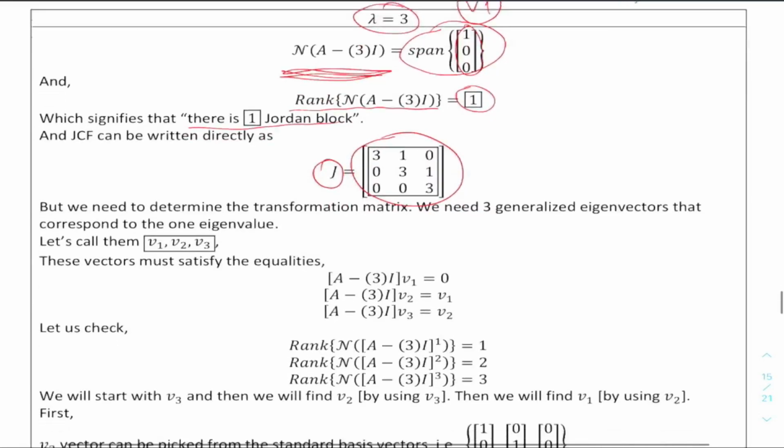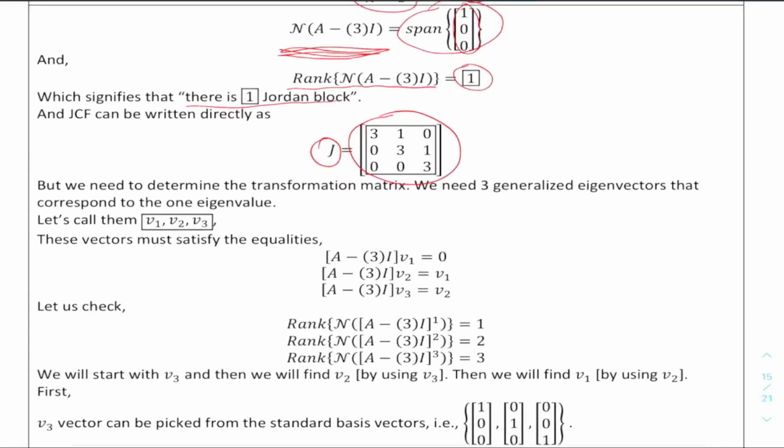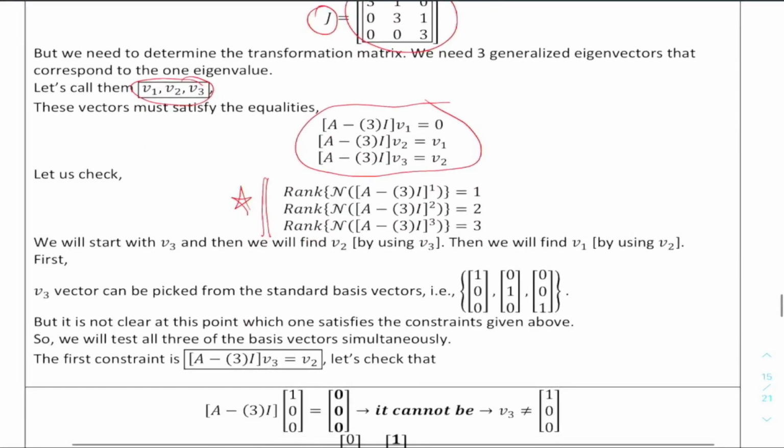And here we need to find v1, v2, and v3, and those vectors must satisfy those given three equalities. Again, here this is also something we compute. And since this is 3, the underlying vector space is R3, again 3-dimensional.